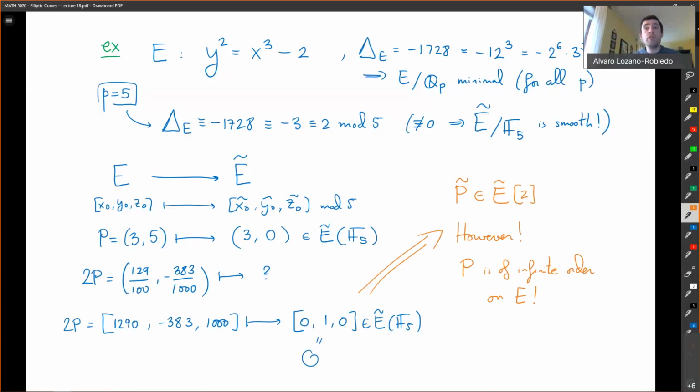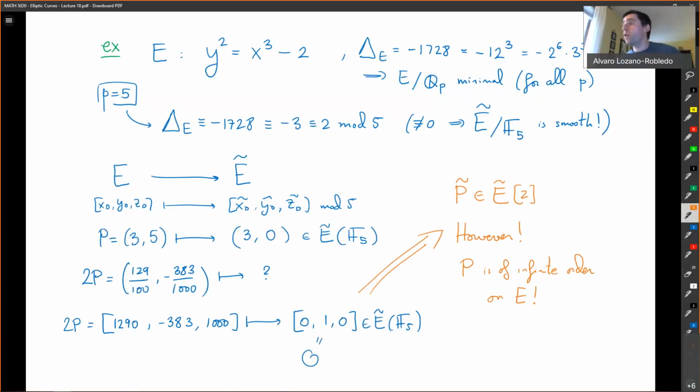If you have a point of infinite order, we know that there are only finitely many points over F5 for this elliptic curve, so they have to map somewhere. And it turns out this point, which is of infinite order over Q, has order 2 over F5. I think that's interesting.